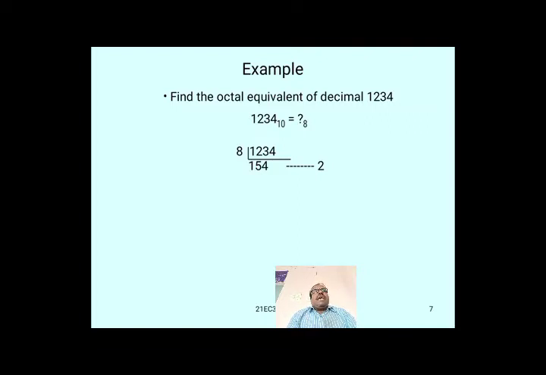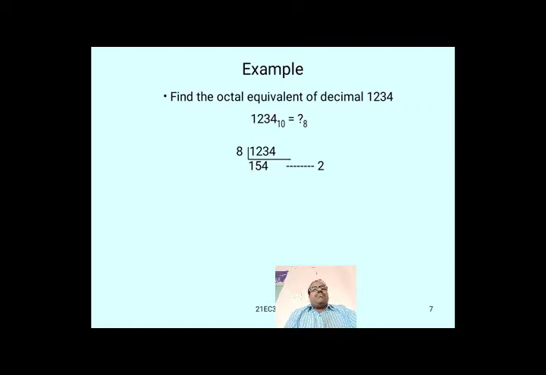We know that 8 fives are 40, so the subtracted value is 3. Next value is 34. 8 fours are 32. We get the remainder 2. Quotient is 154, divisor is 8, dividend is 1234 and remainder is 2.